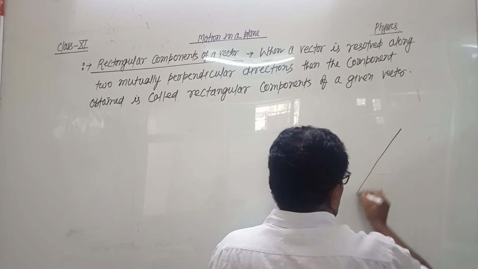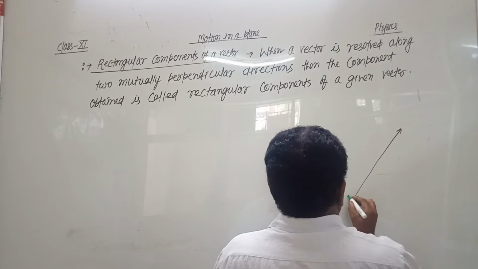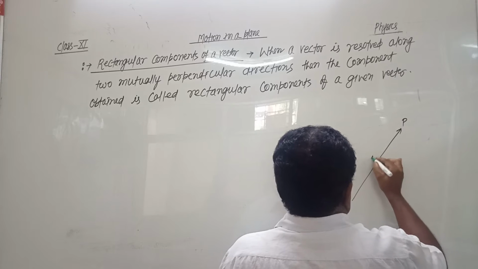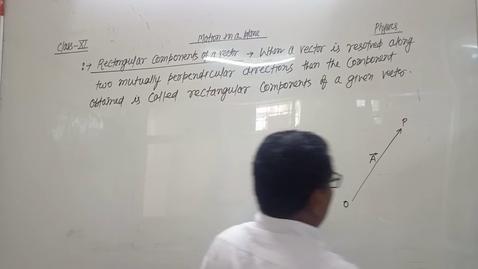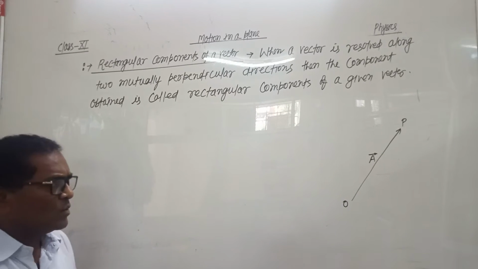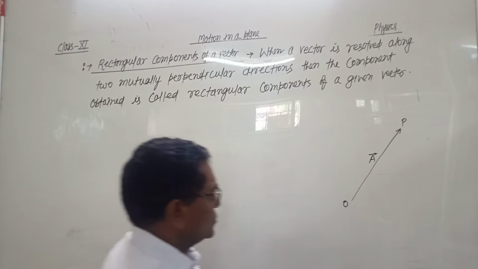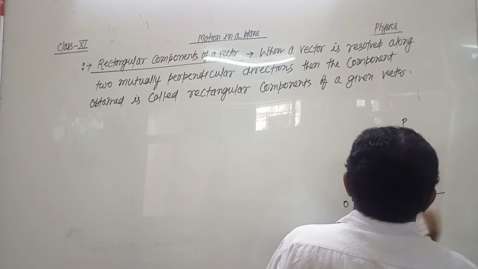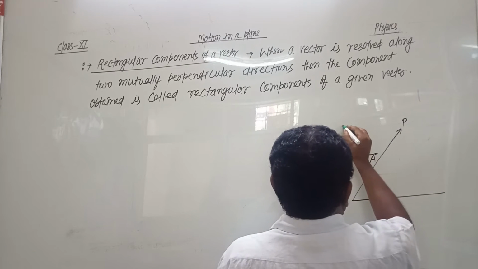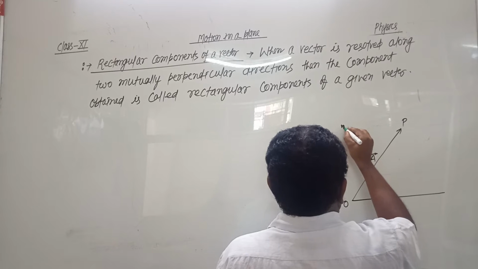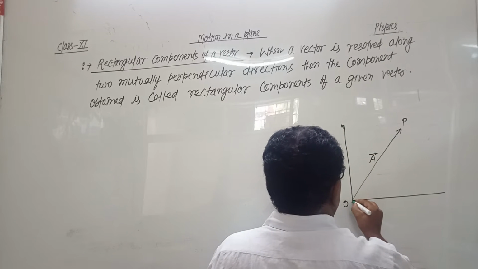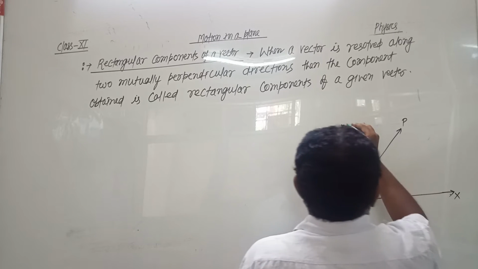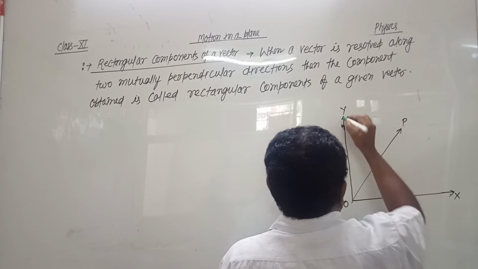Suppose there is a given vector OP, which is equal to A. From point O, we draw two axes mutually perpendicular to each other, the X-axis and Y-axis.